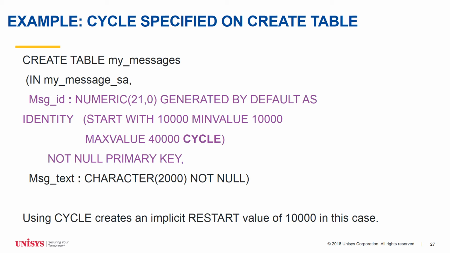In this example, the first identity column value generated on insert is 10,000. The increment is not specified, so the default is 1, which means the next insert will be 10,001. When the value of 40,000 is reached, the identity value cycles back to 10,000.